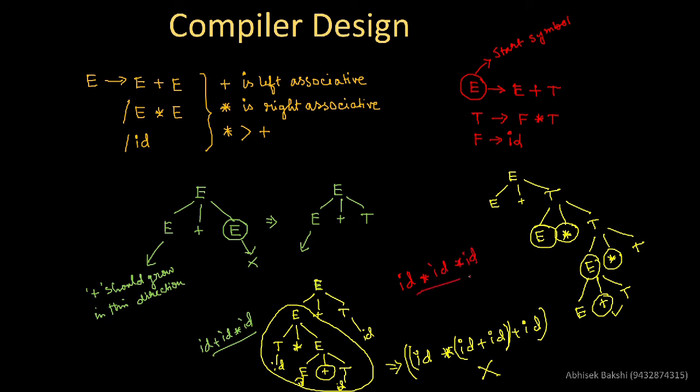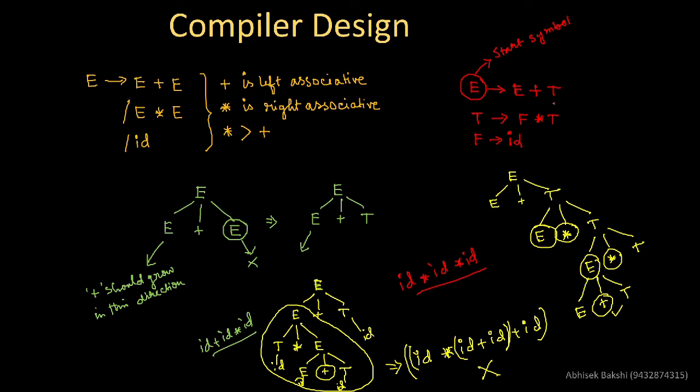This is also a valid mathematical equation and should be generated from this grammar, but it is not possible. Why? Because according to this grammar I must have a plus, since when I use the production rule E to E plus T without having a plus operator, it will never work.